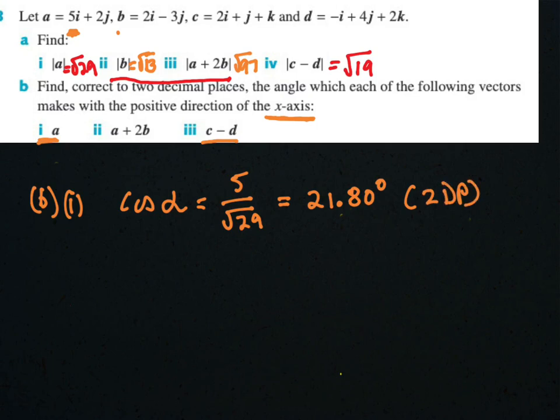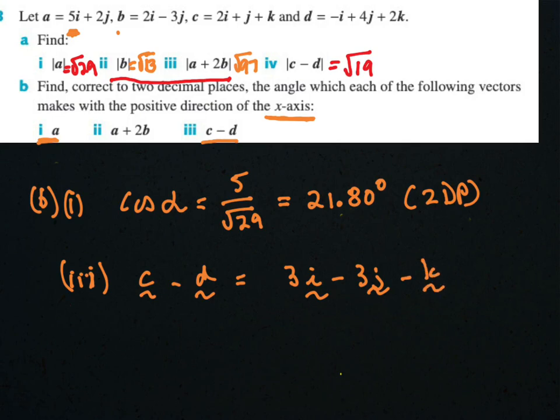Okay, now C minus D, that vector there. That vector you may remember, so for part 3, vector C minus D was equal to, from the previous page, I think it was 3i minus 3j, and then minus k.